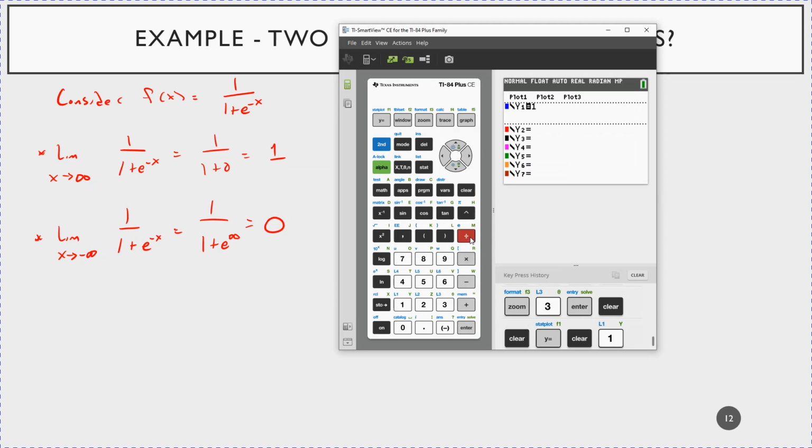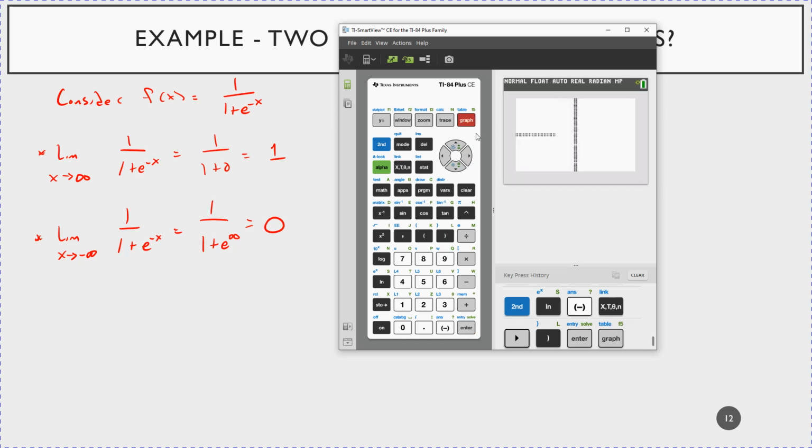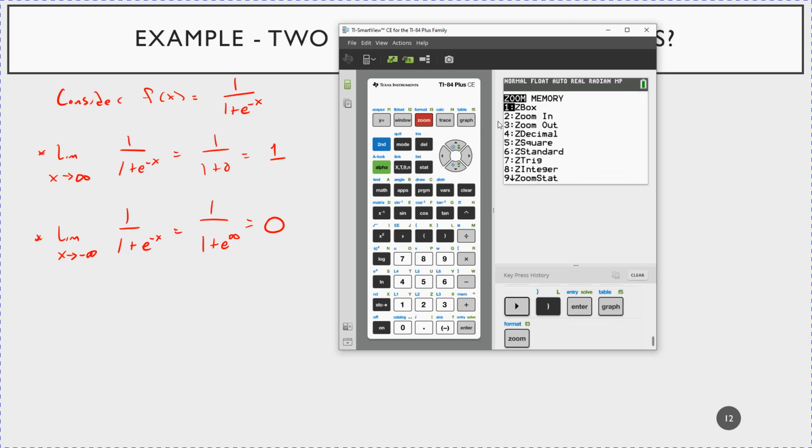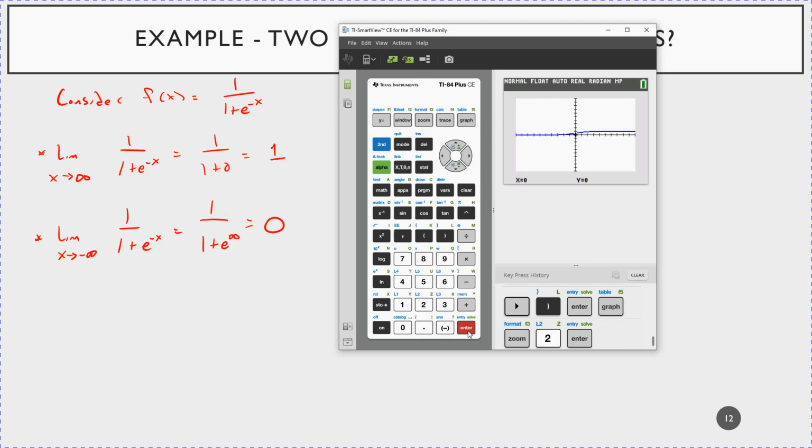So this is 1 divided by, and then in parentheses, 1 plus e to the negative x. And you've got to zoom in here, and you can see exactly what I'm talking about. Just like that. It's pretty wild that it has these two different horizontal asymptotes, and that's totally okay.